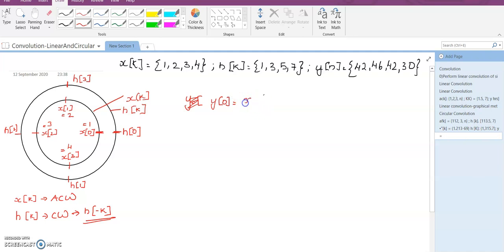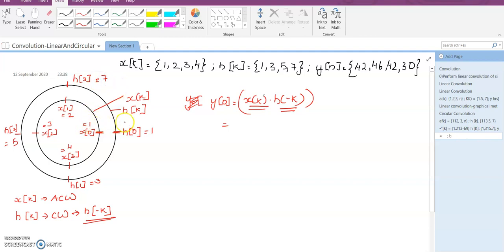So to calculate y of 0, the x of k will be operated with h of minus k. We have x of k drawn in the normal manner, and h of minus k is also drawn in this particular format. So both the circles are ready. All you need to do is multiply these element by element. h of 0 is 1, h of 1 is 3, h of 2 is 5, and h of 3 is 7.